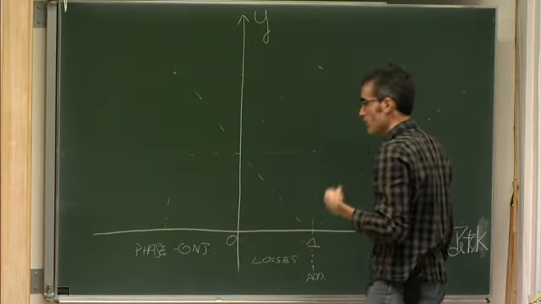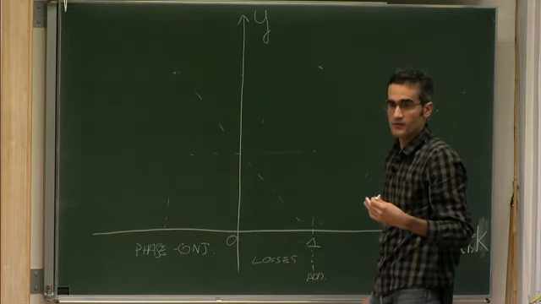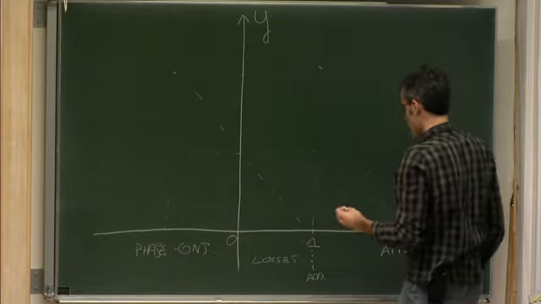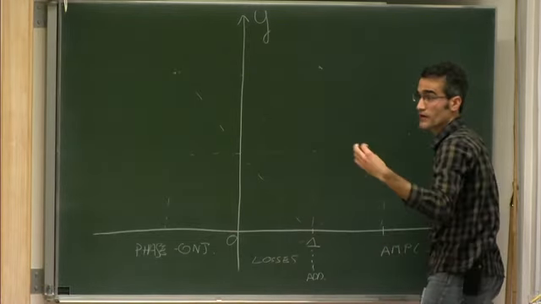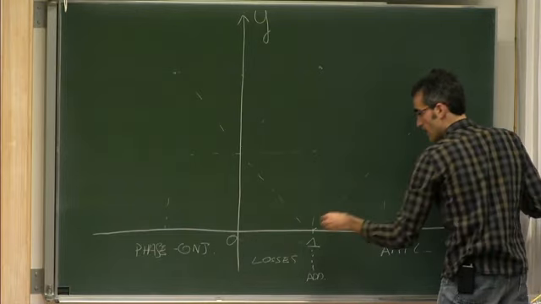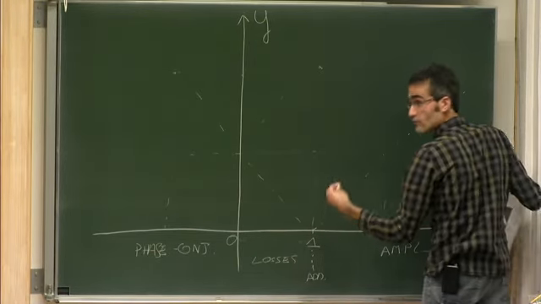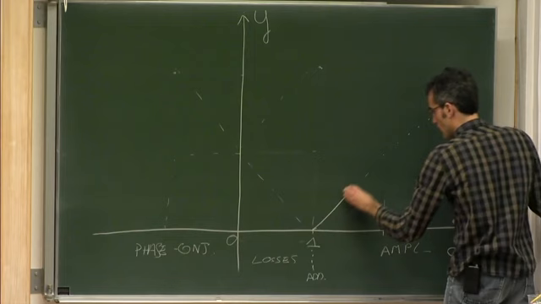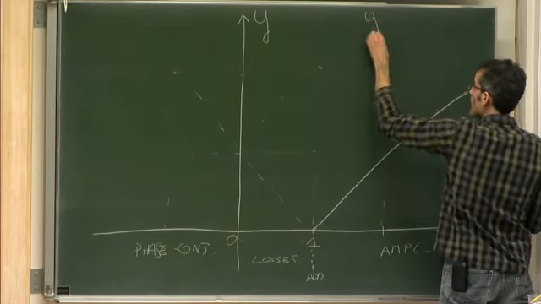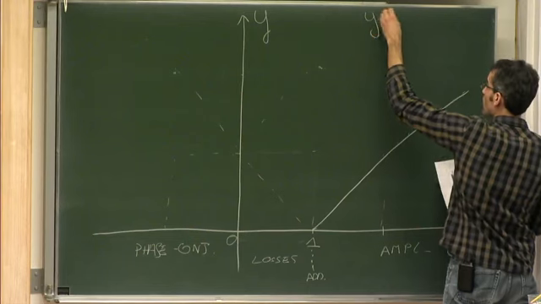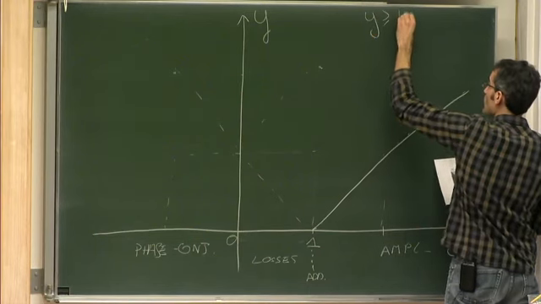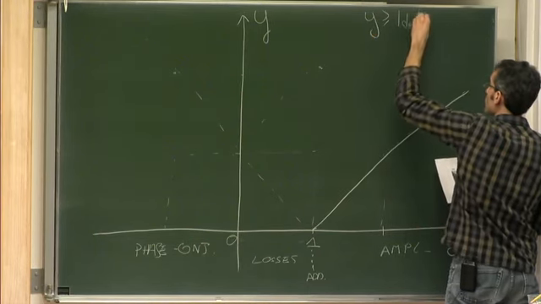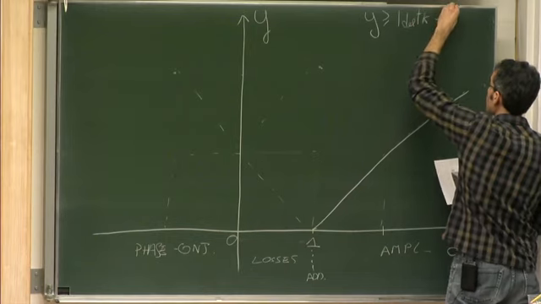In order to have a map that is completely positive, you get a bound on the noise. So basically y has to be larger than the absolute value of the determinant of k minus 1.